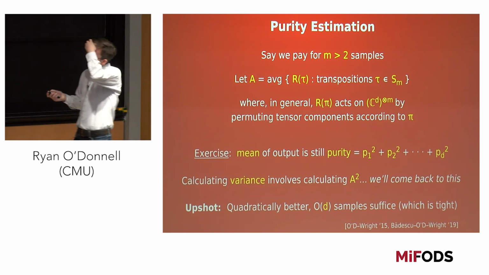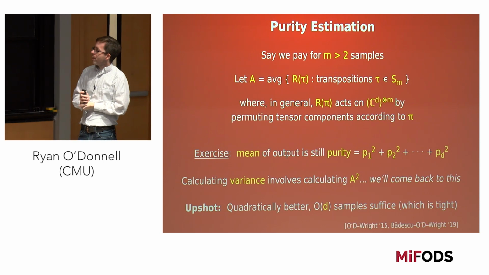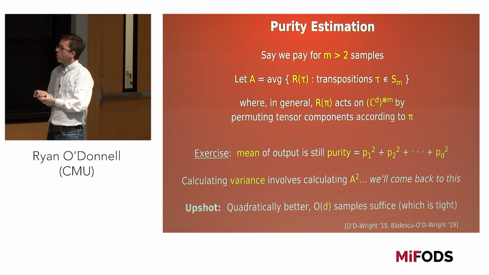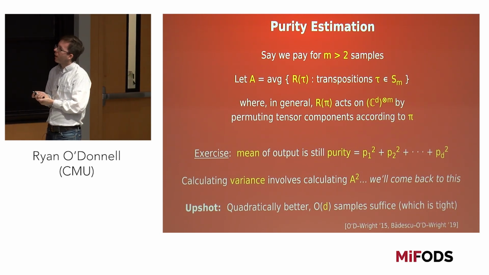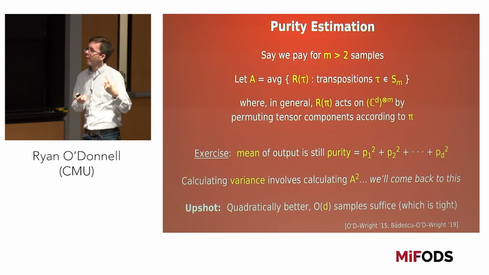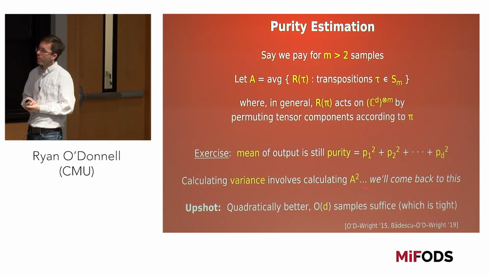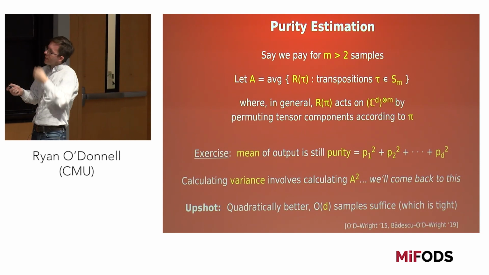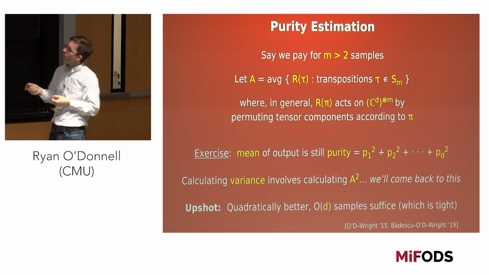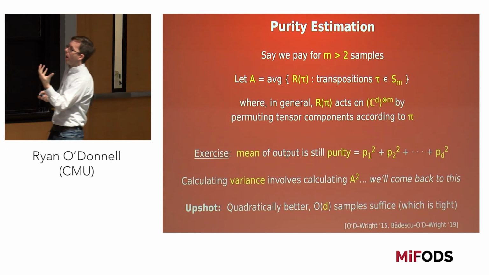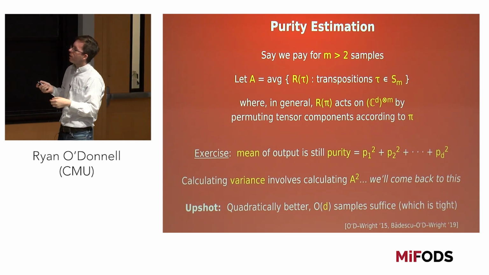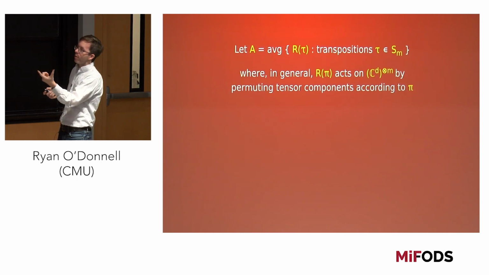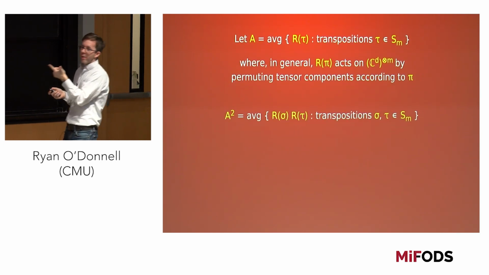Okay, let me look at A squared now, because it gets into some interesting angles involved in quantum learning. So what is A squared? Well, it's the square of an average. So it's the average over all transpositions sigma and tau of the operator that swaps components according to sigma, and the operator that swaps according to tau.